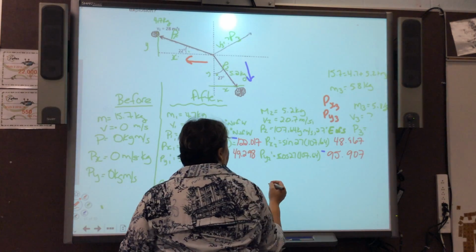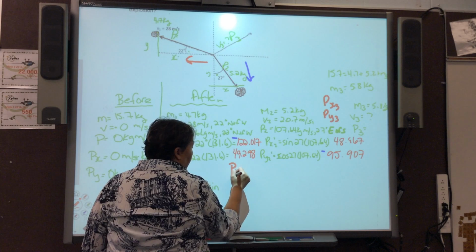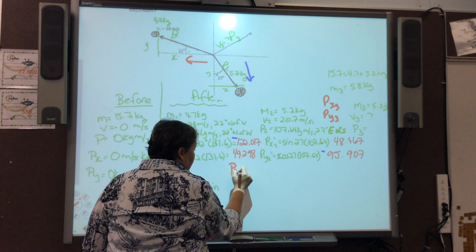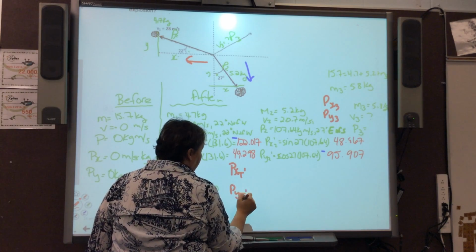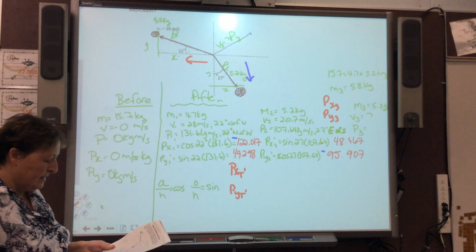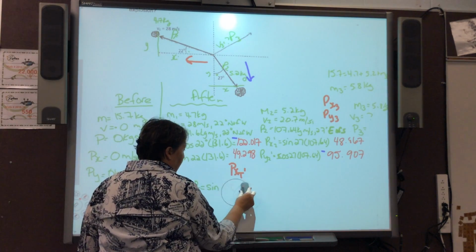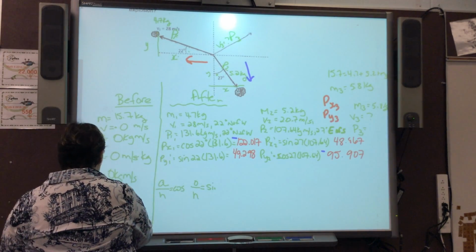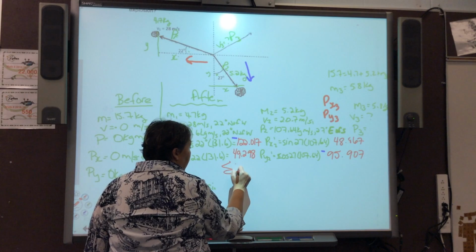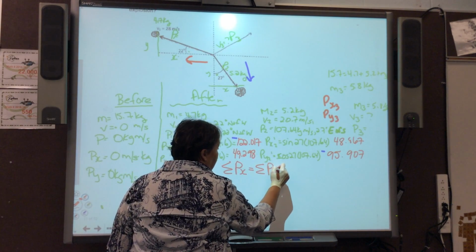We have P x total prime. We have P y total prime. And we can figure this out. We have the sum of the P of x before is equal to the sum of the P of x prime.